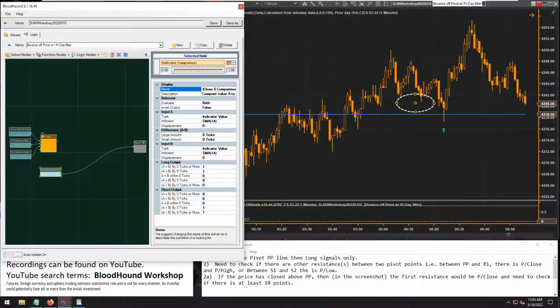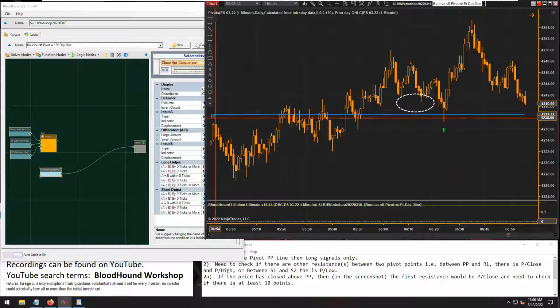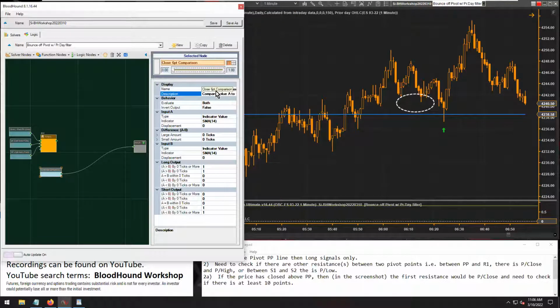So I'll be a little conservative here and go with 6 points. So we want the close to be 6 points. And this actually is R1. Okay. So we're going to build our first bounce off of the pivot R1.